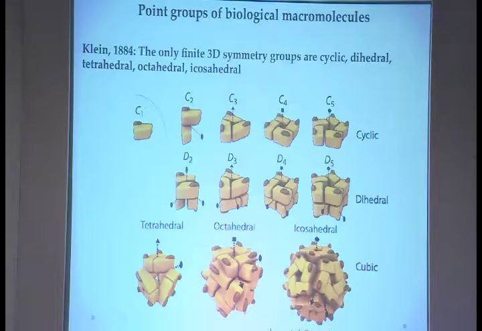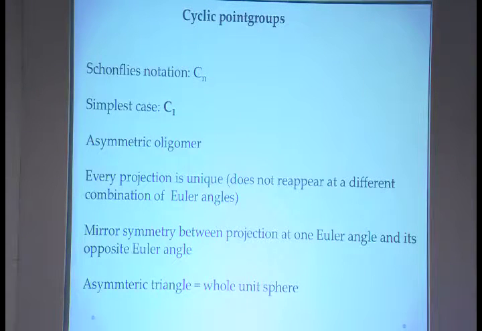And then as you increase the value of n, you are getting molecules which have some symmetry. Dihedral groups have 2 symmetry axes, and then there are the high symmetry groups, the tetrahedral, octahedral, and icosahedral, that we will gradually come to. So when we talk about cyclic point groups, the first one, the simplest case, is C1.